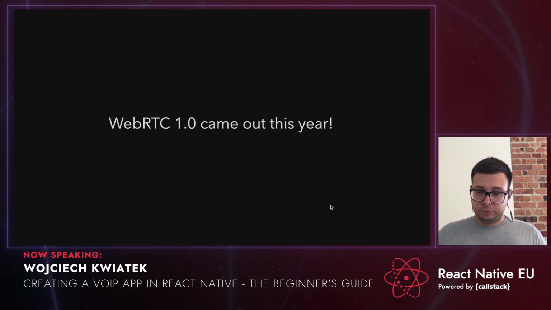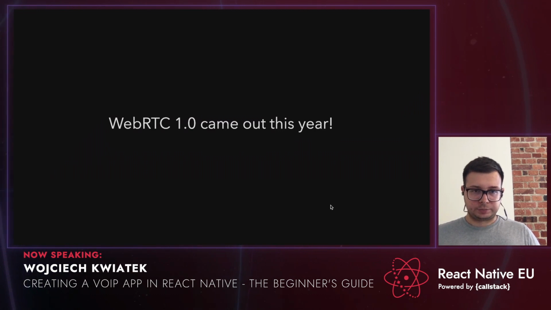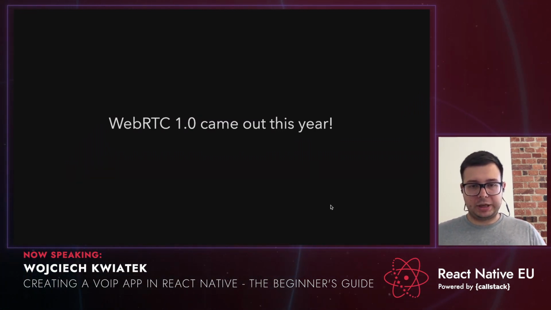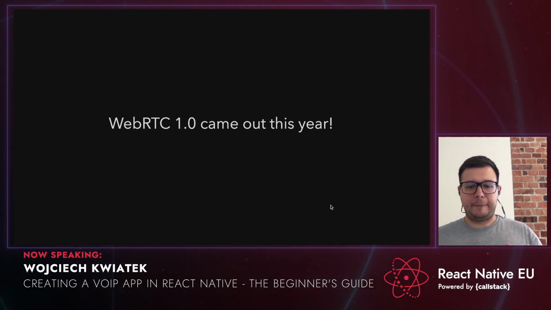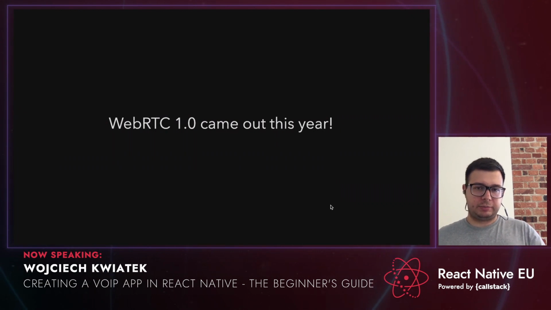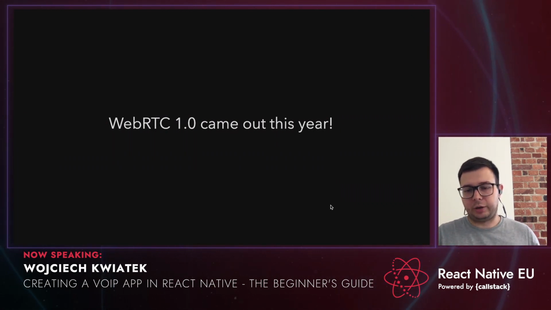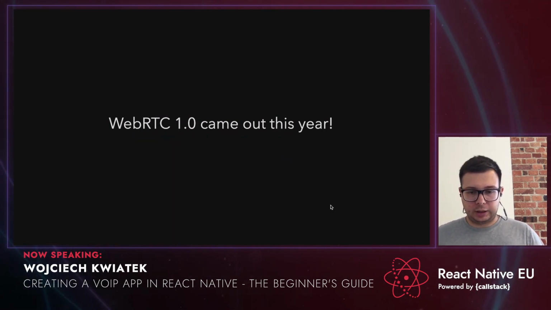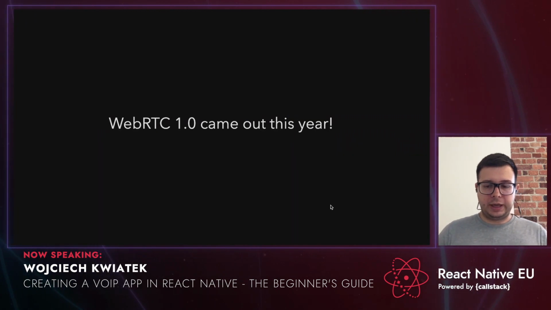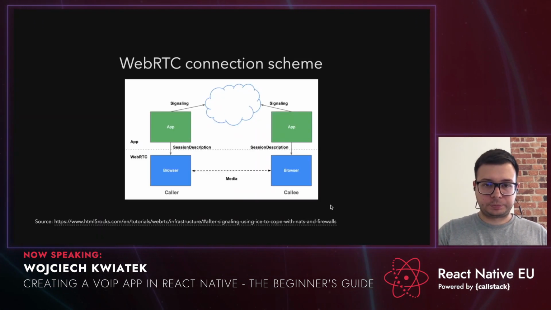So you probably will not need any kind of adapters, polyfills, and things like that to make WebRTC work on every major browser. What's also important to note is that actually every single browser, even Safari on iOS or Opera on Linux, will work. So you can use WebRTC between actually most of today's browsers.